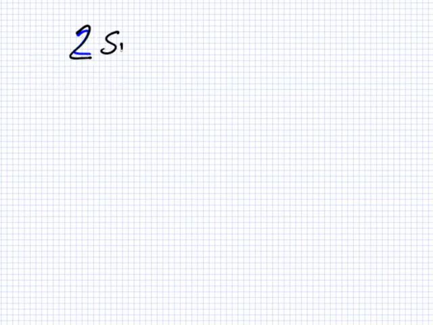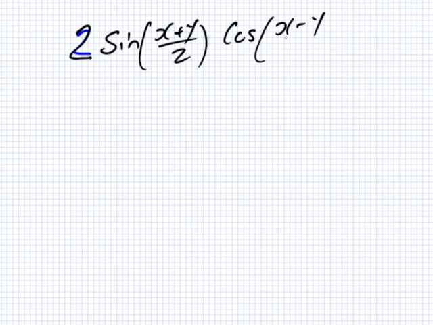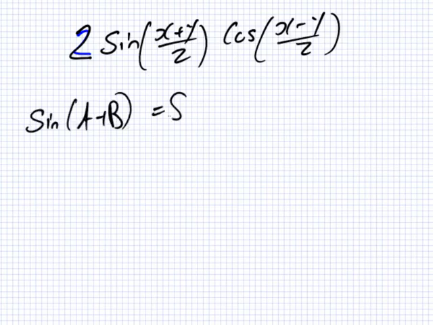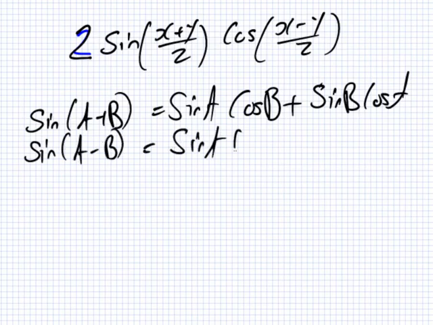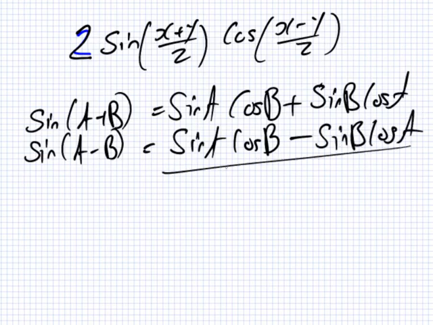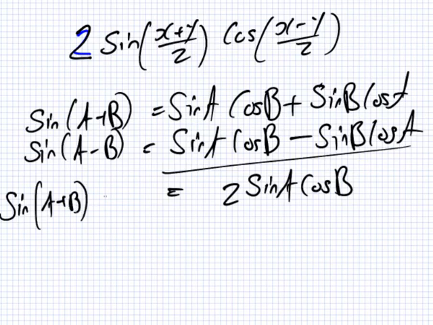Right, 2 sine x plus y over 2 cos x minus y over 2. So you know that sine a plus b is sine a cos b plus sine b cos a, and sine a minus b is sine a cos b minus sine b cos a. So when you add them together, you get 2 sine a cos b equals sine a plus b plus sine a minus b.